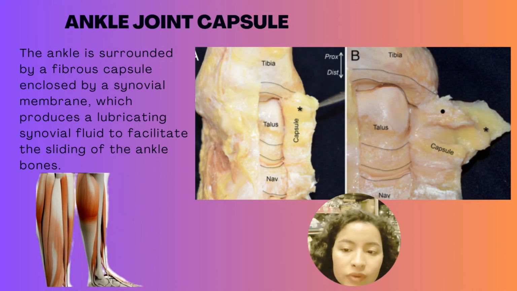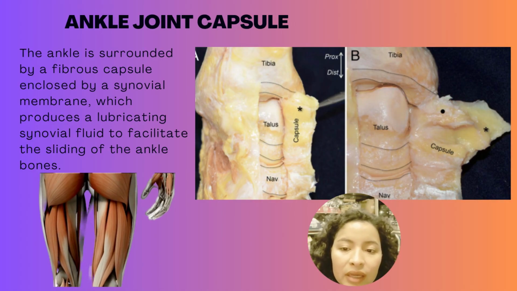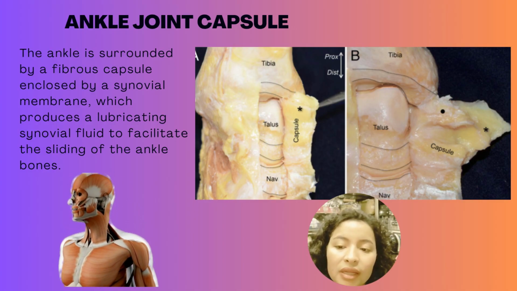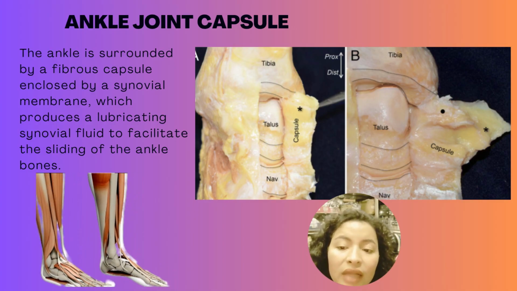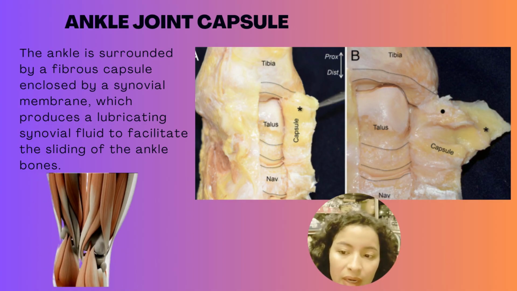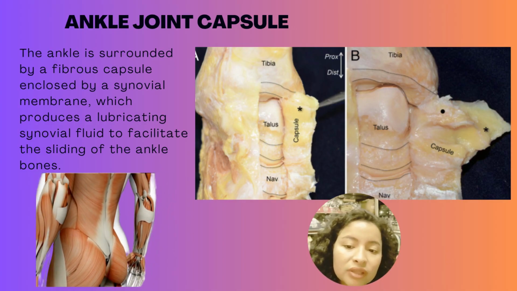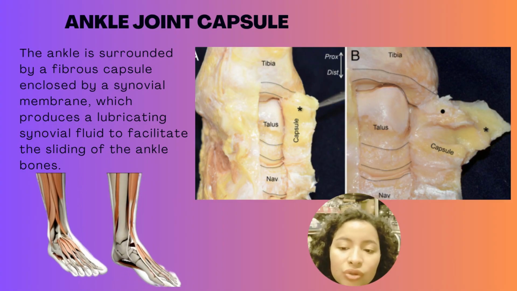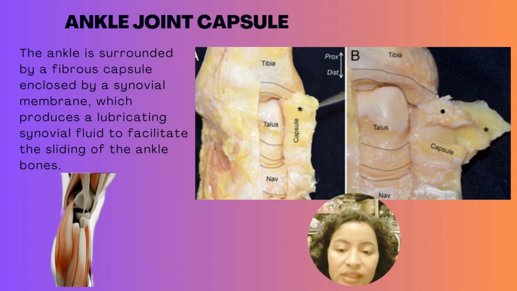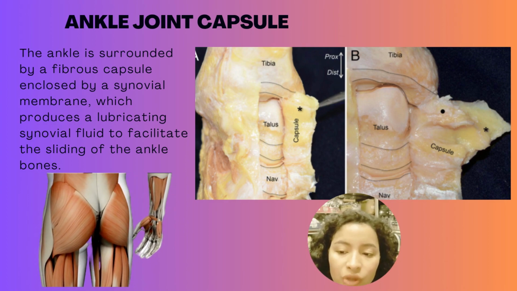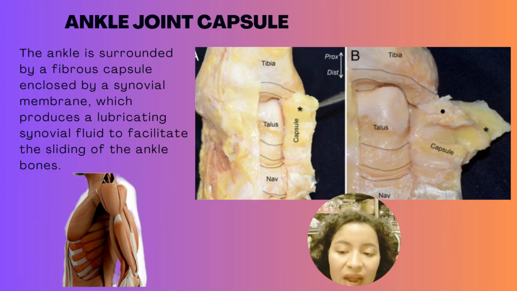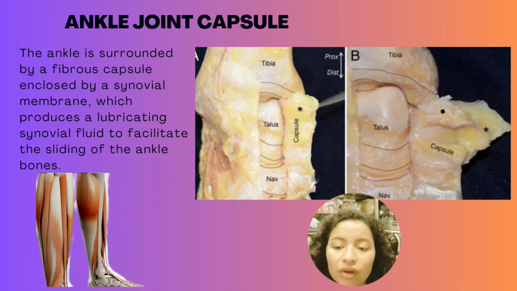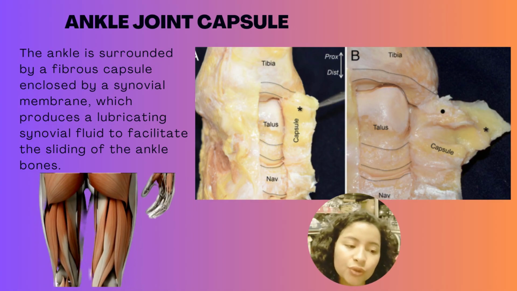The ankle capsule is held together by the deltoid and medial ligaments on the inner side, and laterally by the anterior talofibular, calcaneofibular, and posterior talofibular ligaments. These structures together permit a wide range of movements of the ankle joint and stabilize the ankle to avoid excessive extension, flexion, and rotation.